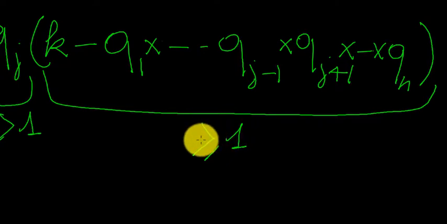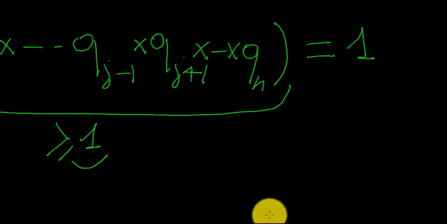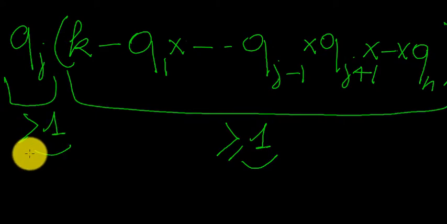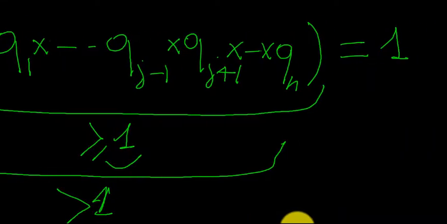It's not 0 because 0 times Qj is equal to 0, which is not the case here. So we have something strictly bigger than 1, times something bigger or equal to 1, which is equal to 1, which is actually impossible. So this product should be strictly bigger than 1. But we found that it's equal to 1.